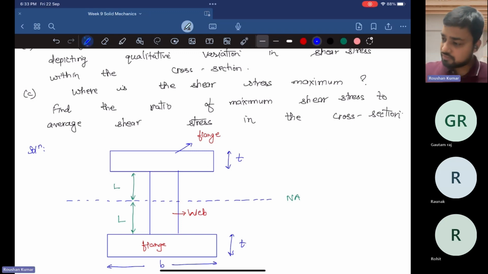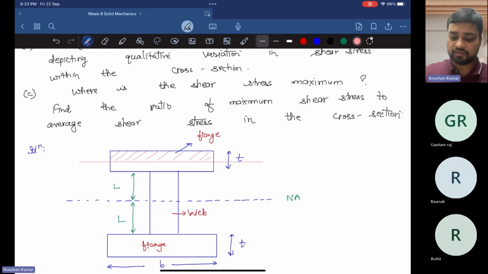Suppose we have this geometry and we have to find the shear stress distribution on this part.